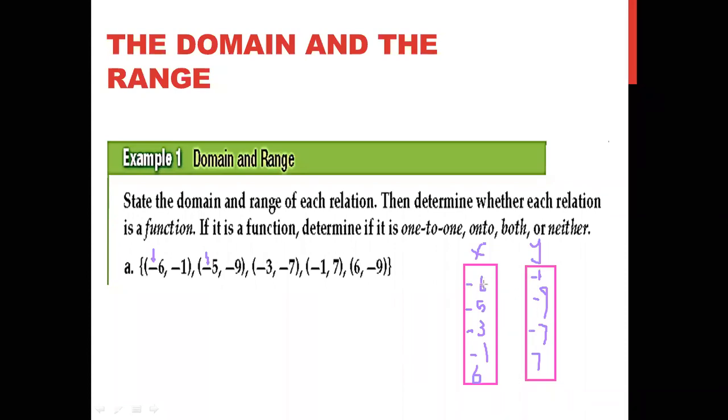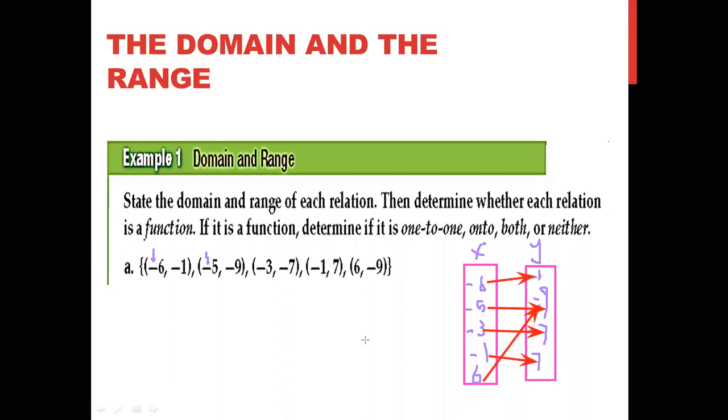Now let's join. I will join number -6 with number -1 according to the given. -5 with -9, -3 with -7, -1 with number 7, number 6 is paired to -9.